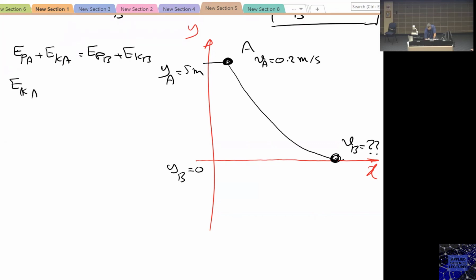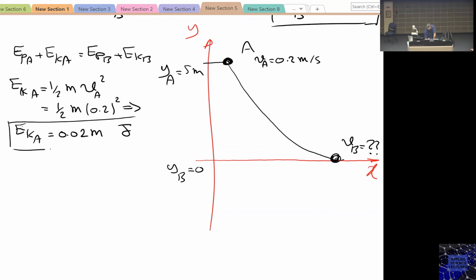EKA is half M VA squared, which is half M 0.2 squared, and then EKA is 0.02 M, and this is joules. This is the kinetic energy at point A.